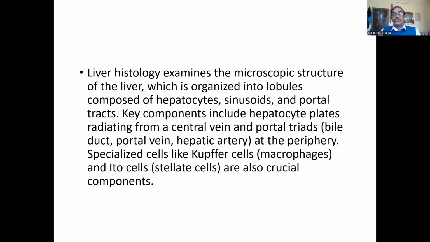Key components include hepatocyte plates radiating from a central vein and portal tracts, with bile duct, portal vein, and hepatic artery at the periphery. Specialized cells like Kupffer cells as macrophages and Ito cells, stellate cells, are also crucial components.